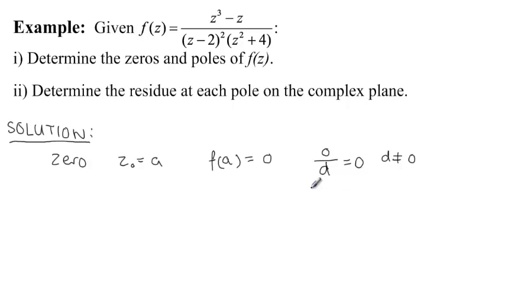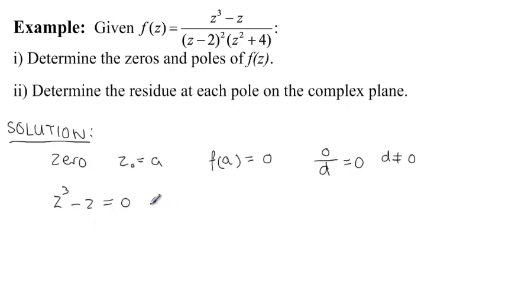So to determine zeros of a rational function like this, we simply need to grab the numerator, which is z cubed minus z, and set up an equation. We treat z cubed minus z equals 0. Then solving this equation will determine the zeros of the function.